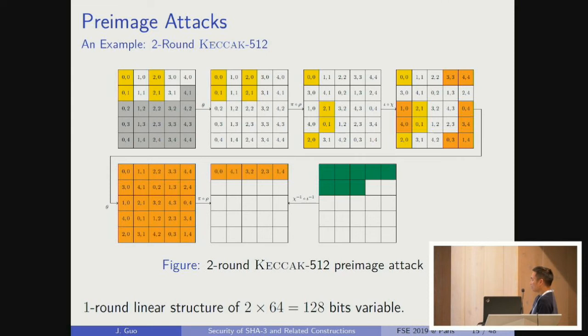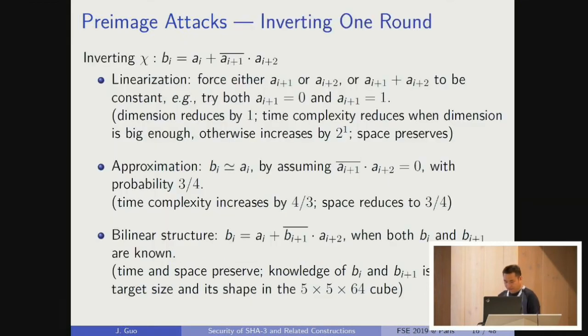That's already sufficient because you only have this many variables. And this gives you 320 bit equations, which is much more than what you have here. So by a simple inversion, this is already done.